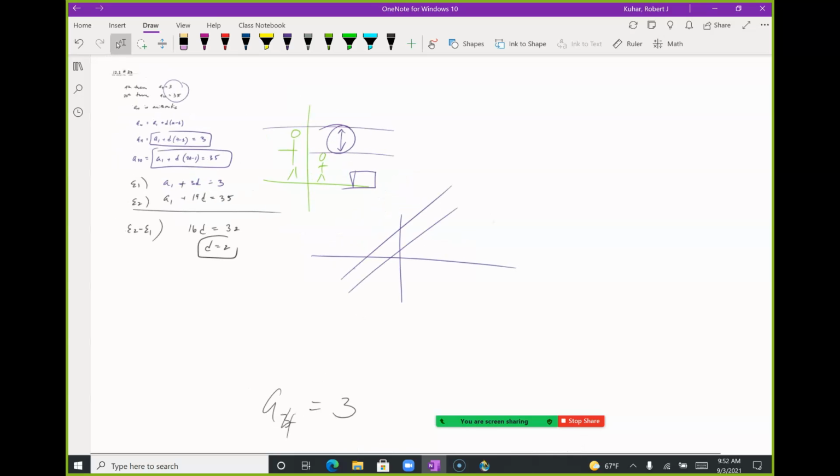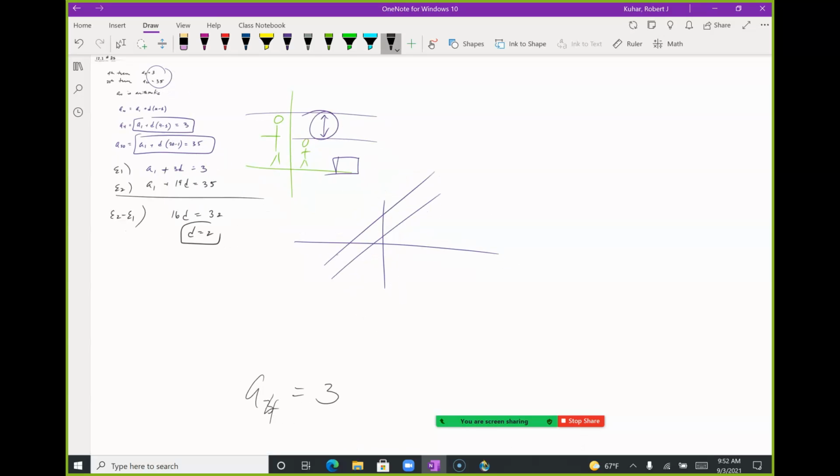So what else do we want to find? I had said we want to find a sub 1. We did. Right, that's negative 3. We found d, that's 2. We want to find the sum. So the sum from n equals 4 to 20. Remember, we have our fourth term and our 20th term, right?